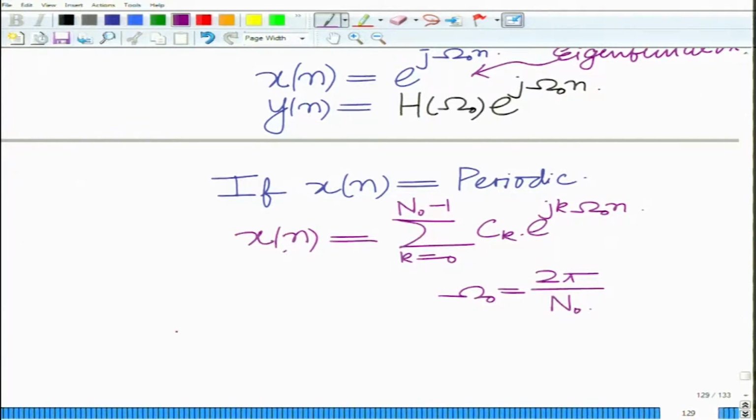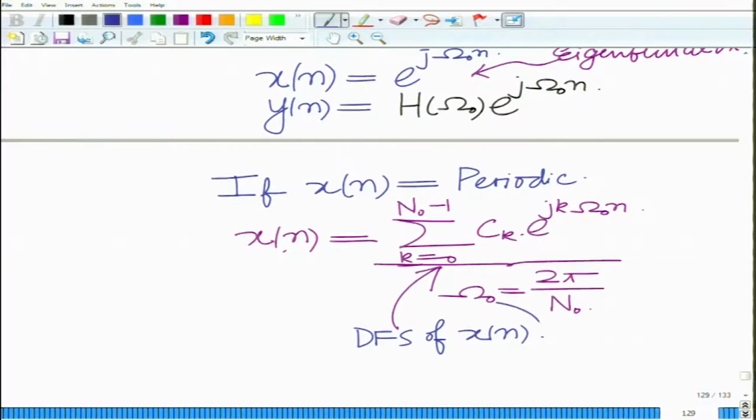So, this is basically your discrete Fourier series, and this omega naught is basically the fundamental frequency.